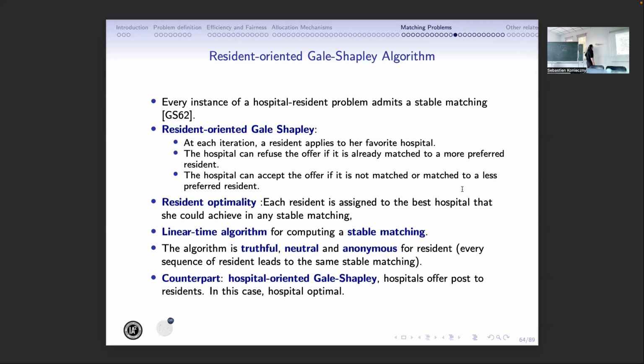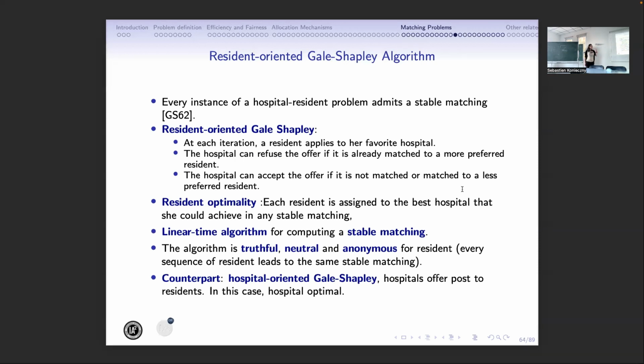So how does it run? We have several iterations, and at each iteration, a resident will apply to a hospital.